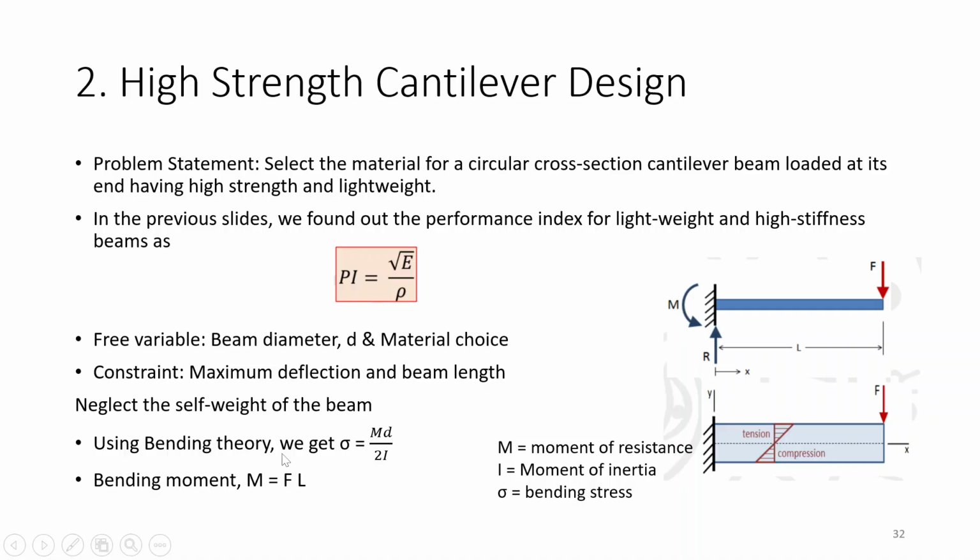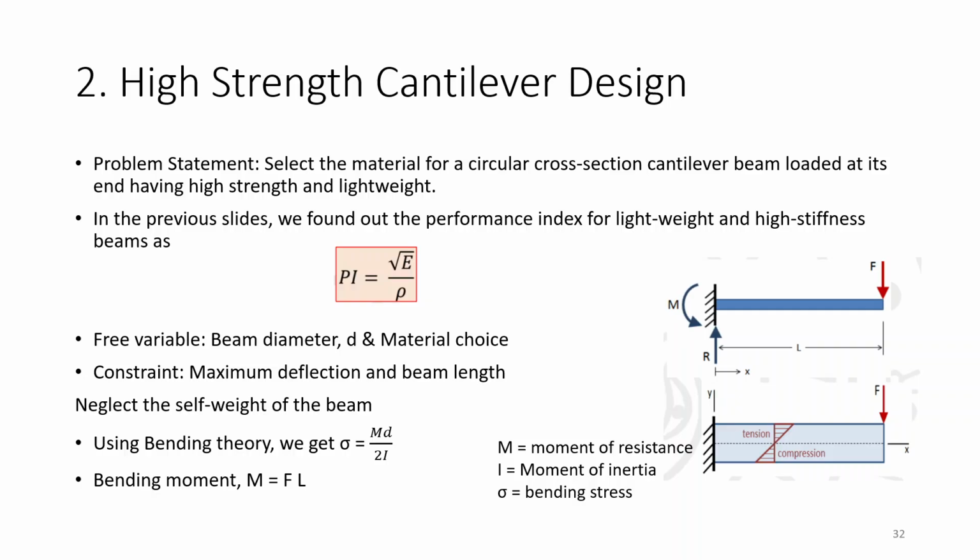So from bending theory, sigma is given as M d upon 2I. Here M is moment of resistance, I is moment of inertia, sigma is bending stress.